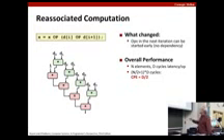So for example, for these two, the throughput bound is 1, because I only have 1 multiplier for integers and 1 for addition.